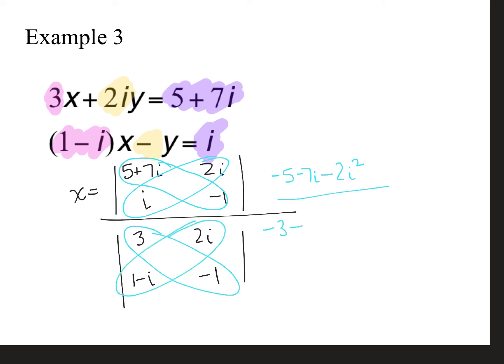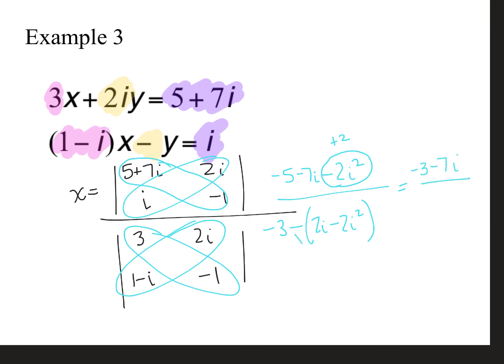When I distribute, I get 2i minus 2i squared. So let's simplify some of this. This becomes positive 2. So when I combine that, I have -3 minus 7i.